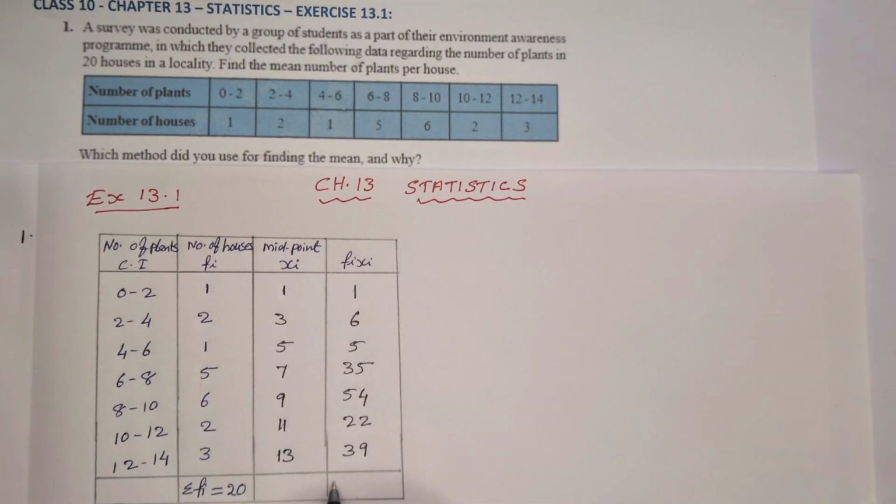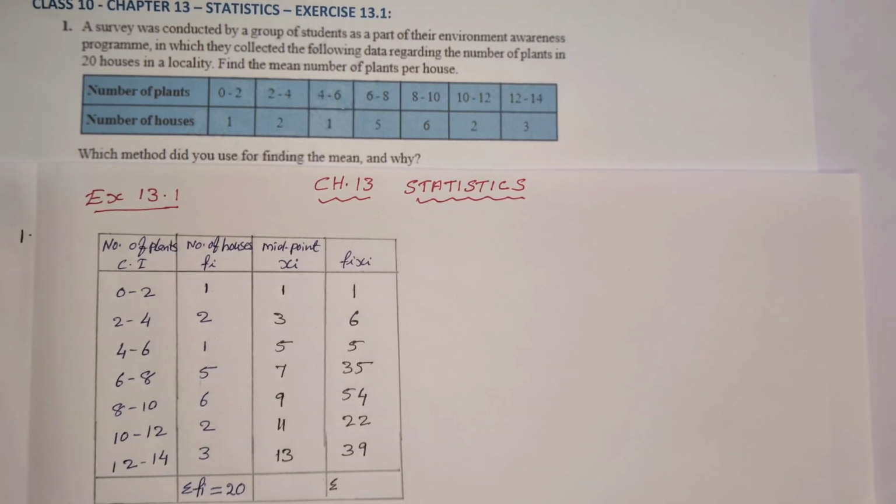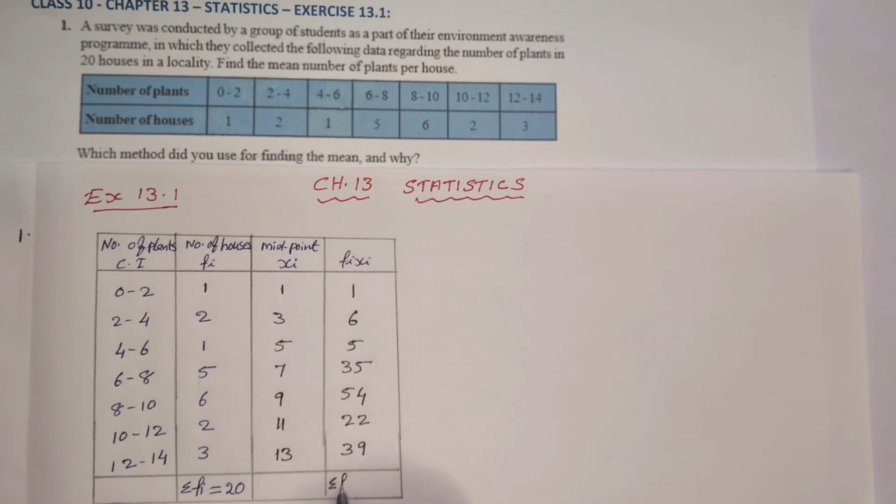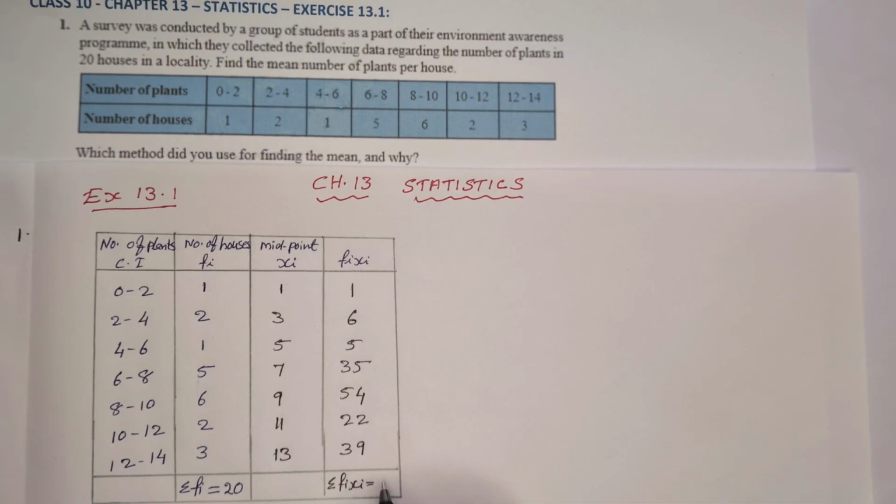Now we have to find the sum of the fi xi, sigma fi xi, which is equal to, here we are getting 162.